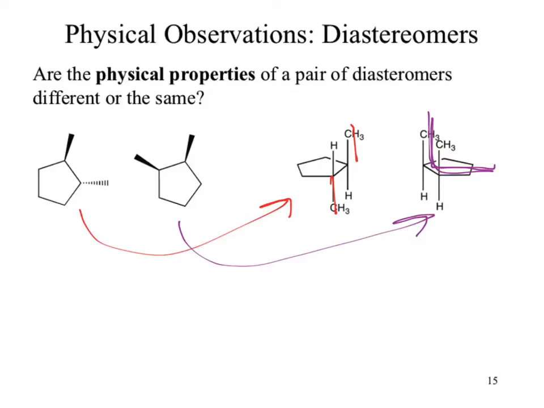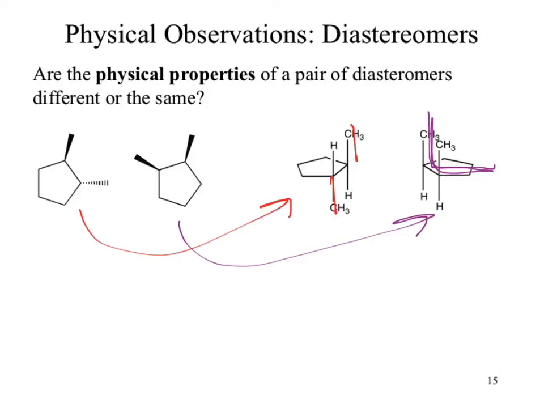Which of those is going to stack nicer? It's not the same. One has kind of like a back of methyl groups and then a seat. The other one has this weird kind of staggered thing going off of it. We're going to change how those molecules interact with like molecules, which then means their melting points will change.